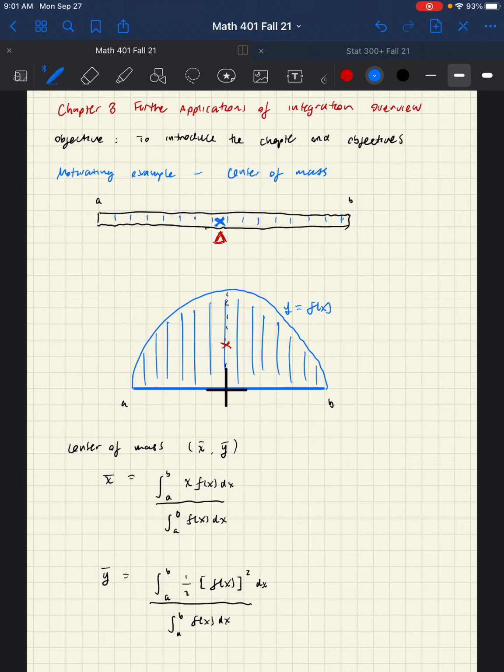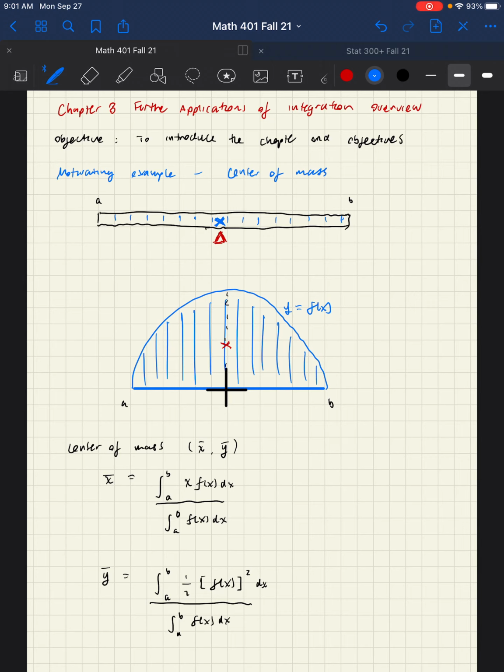And so what you should think about is this is defined by y equals f of x. And when it can be expressed in this form, then this is the formula for the center of mass. We are going to do all sorts of generalizations of this and discover how to tackle the different geometries.